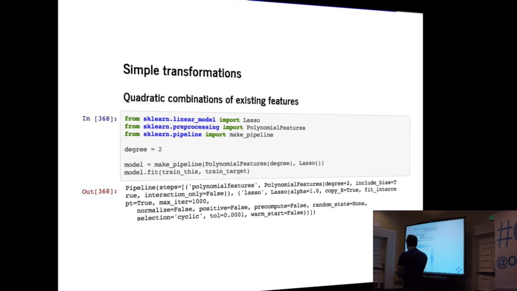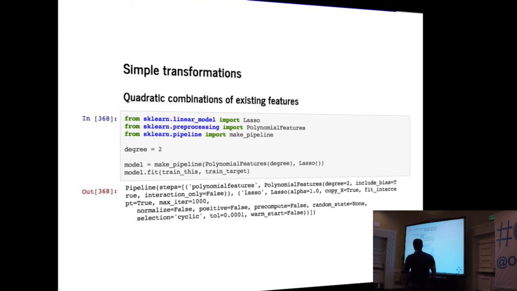You can just make a pipeline and call fit on that pipeline, and it'll do the polynomial feature extraction and the fit of the lasso, which is useful if you're doing something like a grid search, right? Because a lot of times when you're doing grid search, you want to tune the whole pipeline. You don't want to just tune the particular estimator. So this is a way of defining one big estimator that can tune multiple parameters at the same time.